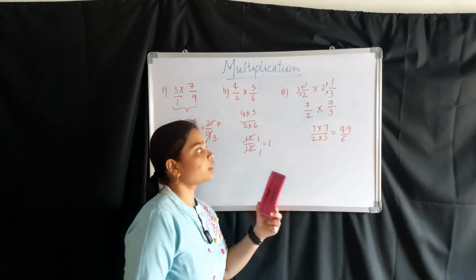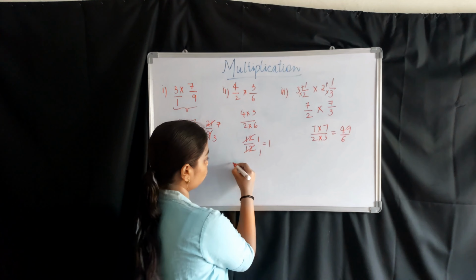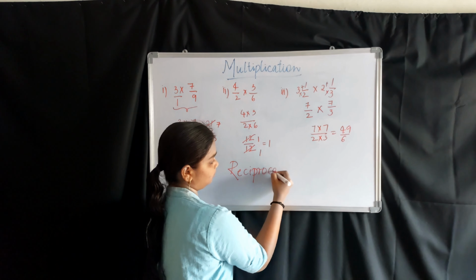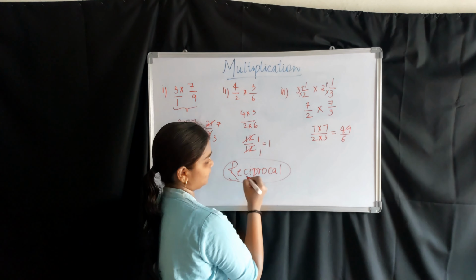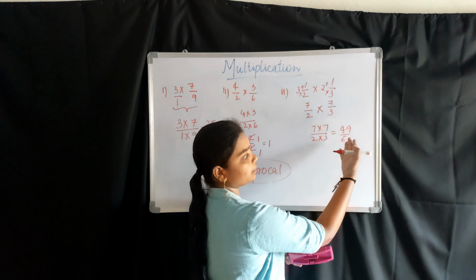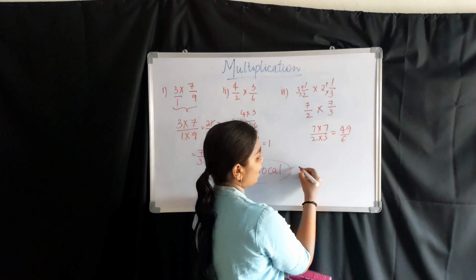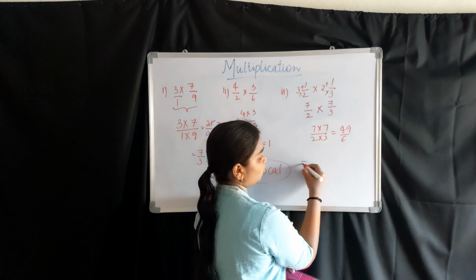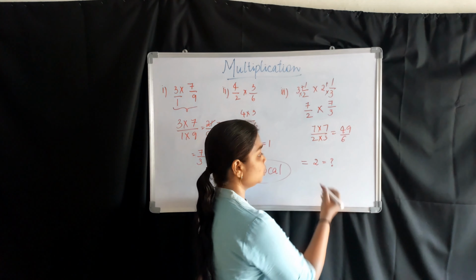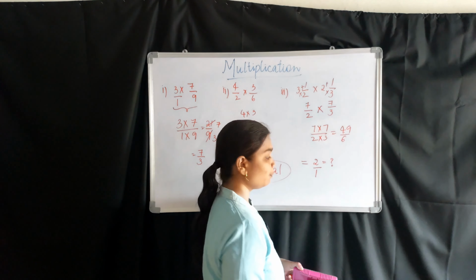So here I would like to discuss one thing. Before going into division, we'll have to know the meaning of the term reciprocal. What does reciprocal mean? It's just the inverse, like you have to write the numbers or the fractions upside down. If you are asked to write the reciprocal of 2, what will be the reciprocal of 2? 2 in fraction form can be written as 2 by 1, is it?